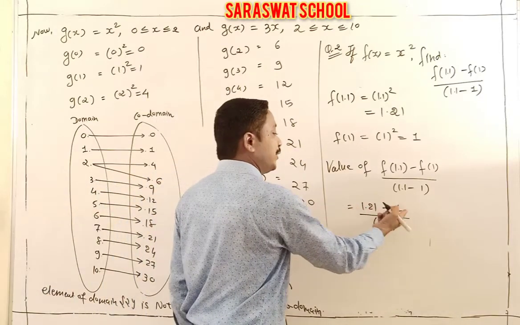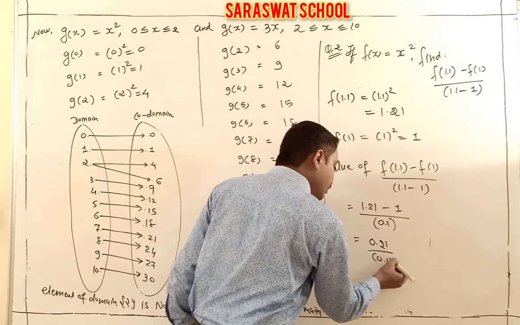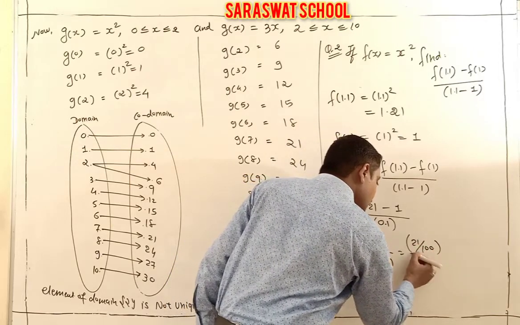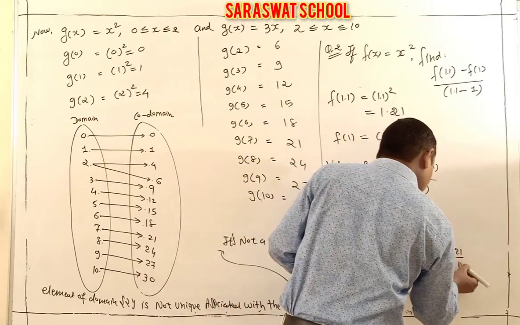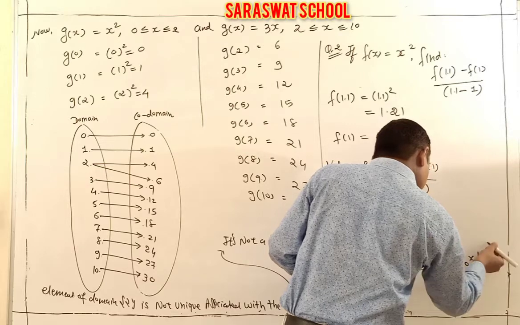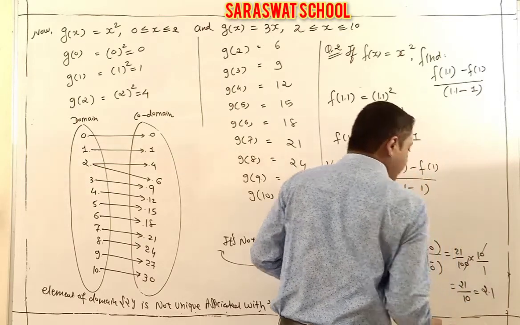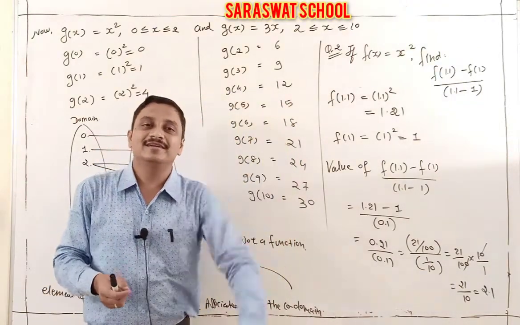Finally getting 1.21 minus 1, it is 0.21 upon 0.1. It means 21 by 100 divided by 1 by 10. So 21 by 100 into 10 by 1. This cancels. Your answer is 21 by 10. It means 2.1.